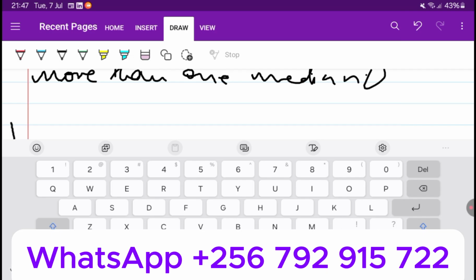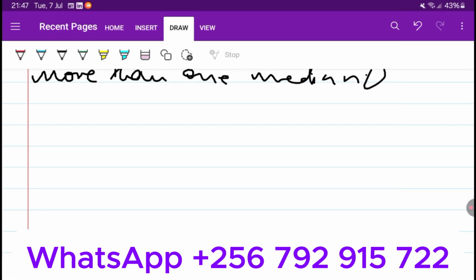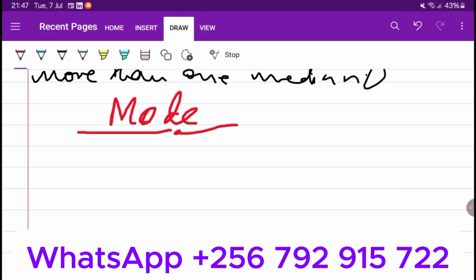So let's look at the mode. We give like 2 or 3 advantages. The first advantage is that it's also not affected by outliers or extreme values.